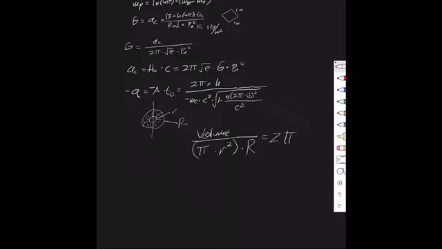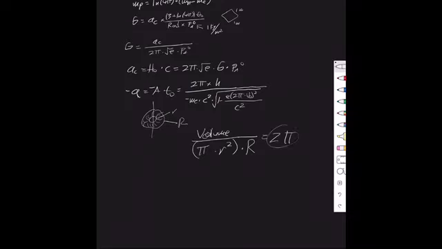And this 2 pi here would be the same here. So I assume that's related to the torus of the magnetic field. It's what causes that to form.